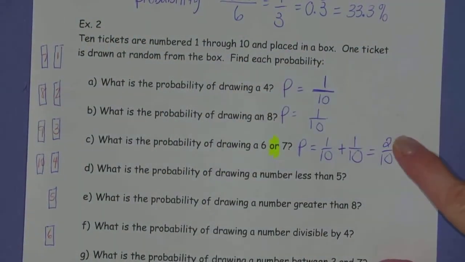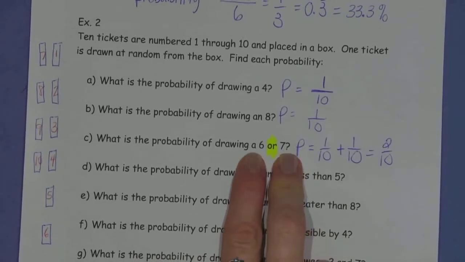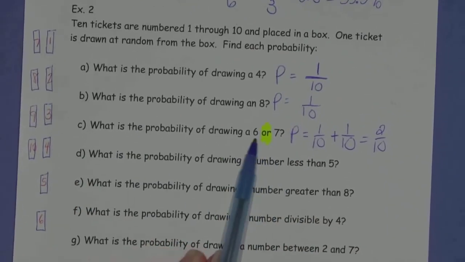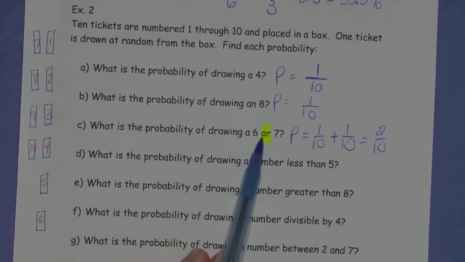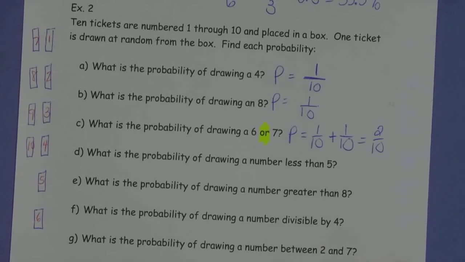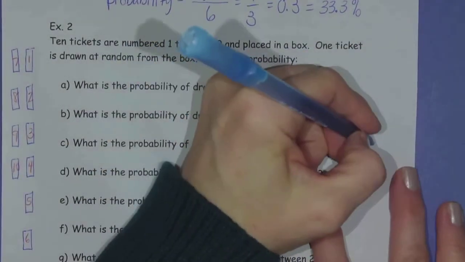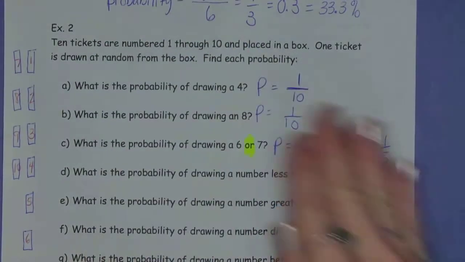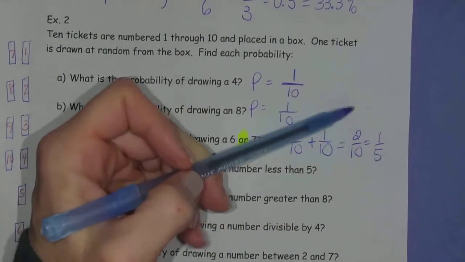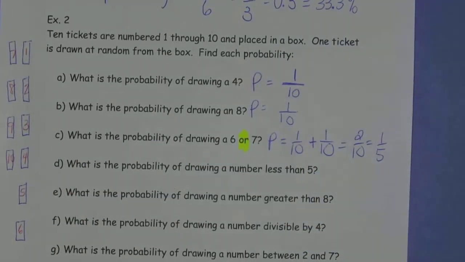So you have a 2 out of 10 chance of selecting a 6 or a 7, which you would have known anyway because the 6 is 1, the 7 is 1, so together that makes a 2 out of 10 chance of doing this or that, one or the other. If you reduce that fraction, you get 1/5. So I'm keeping everything in fractions here. Of course, we could divide them, get a decimal, multiply by 100, and get a percent.